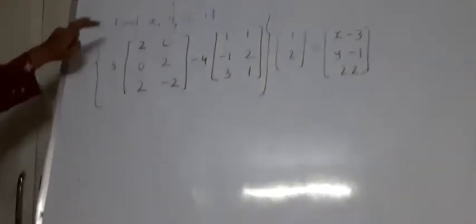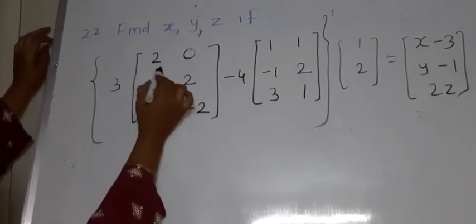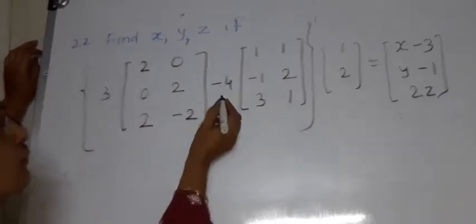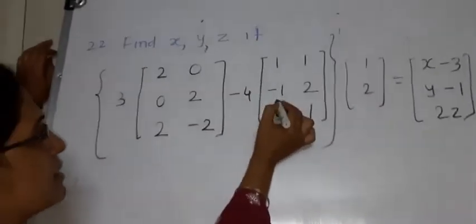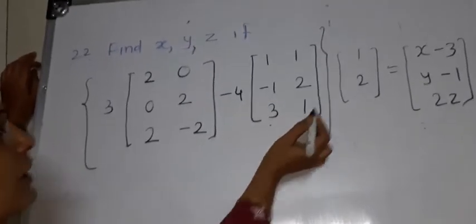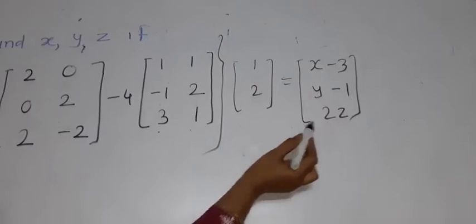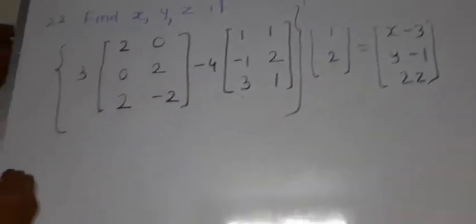Next example: find x, y, z if 3 into the matrix [2, 0, 0; 2, 2, minus 2] minus 4 into [1, 1, minus 1; 2, 3, 1; 1, 2], which is equal to [x minus 3; y minus 1, 2z]. Now simplify this, multiply by 3.